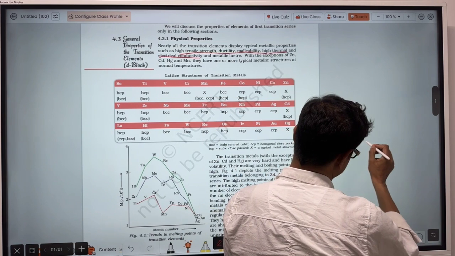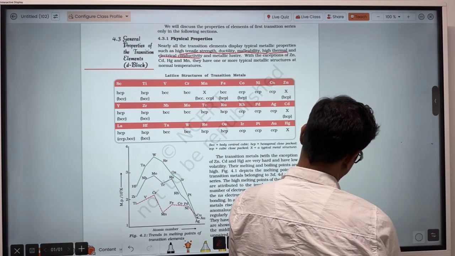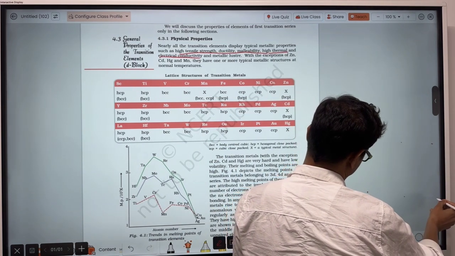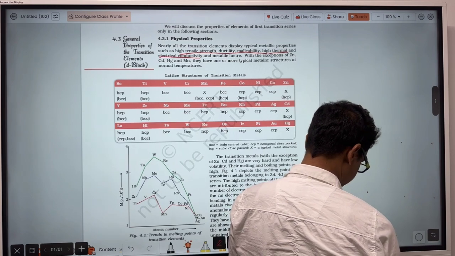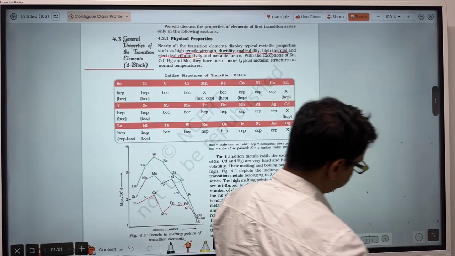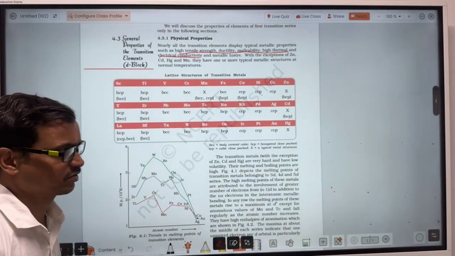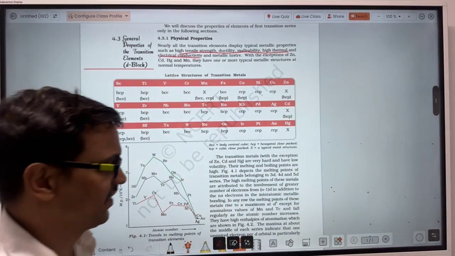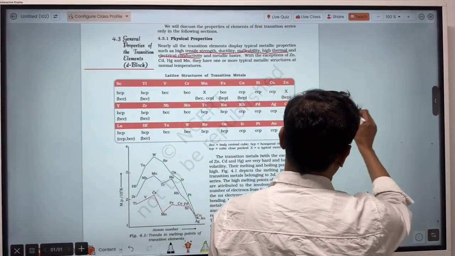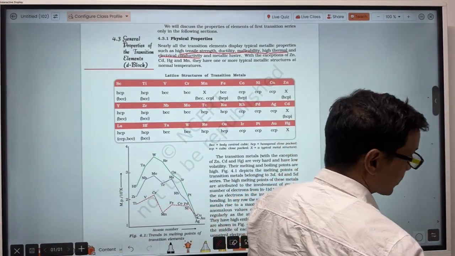Firstly, all the iron atoms lose their electrons, and the remaining portion left is called the kernel. That means after losing the valence electrons, the remaining portion is called the kernel.